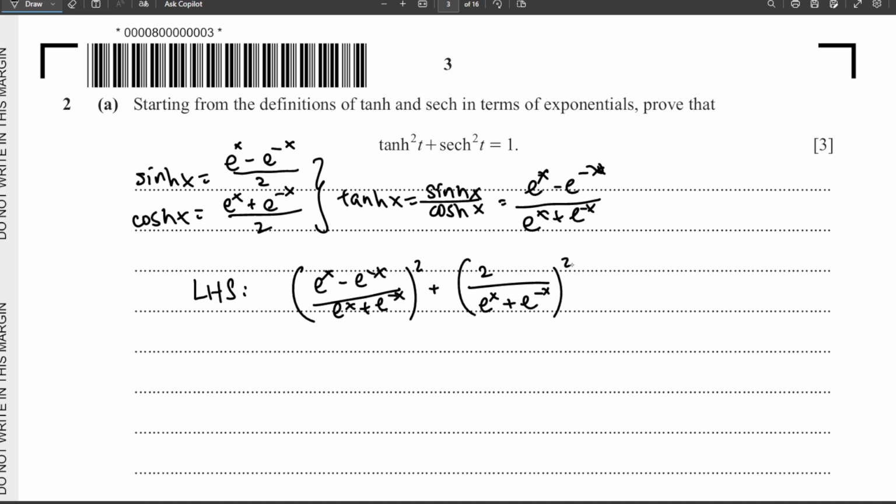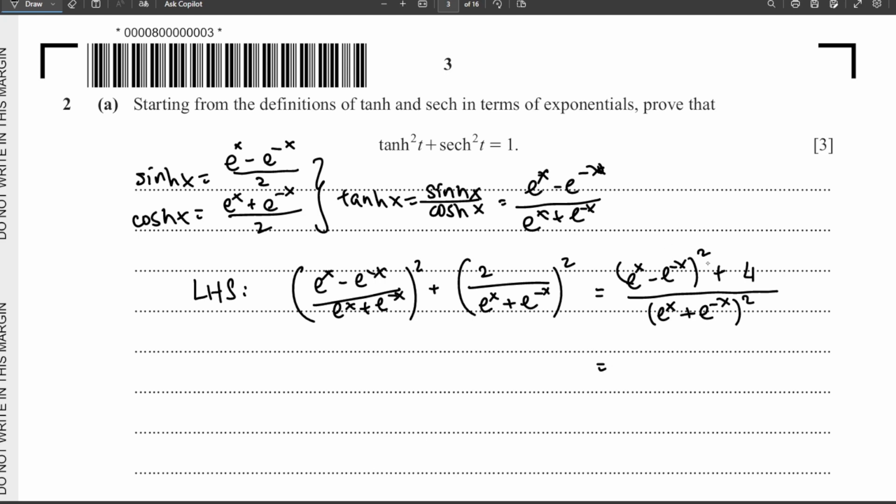I will also square that, and you can see that on the bottom of the two fractions, there will be the same expression. So I'll combine the two fractions here and square it, and on the top we will have e to the x minus e to the negative x squared plus 2 squared, which is 4.